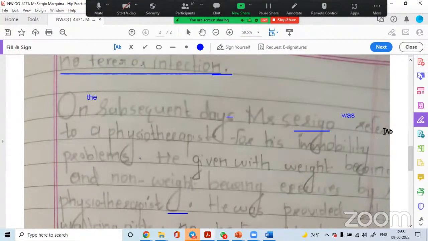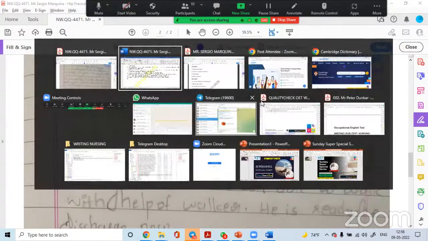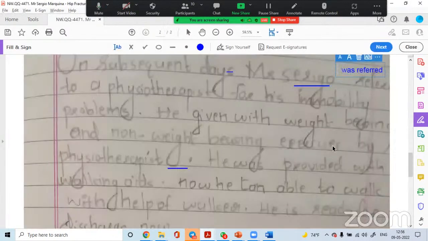Referred. I don't know whether this word is cut. Take a neat picture. Now, why are words cut? Referred. I don't know whether you have written referred to a physiotherapist for what? For assessment, for the assessment of movement and alignment.